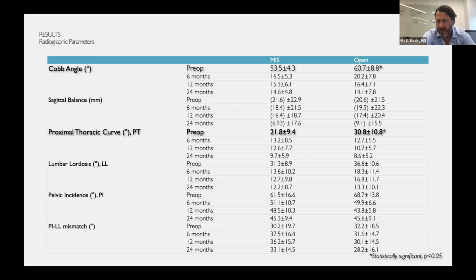In terms of radiographic parameters, the only thing that was different was residual proximal thoracic curves were a little different in the open. And the only thing I would attribute that to is a couple of the opens had what you might call a Lenke 1+ character. They had a little bit of structure in that proximal thoracic curve. It's very important for their long-term clinical result to get their shoulders perfectly even.